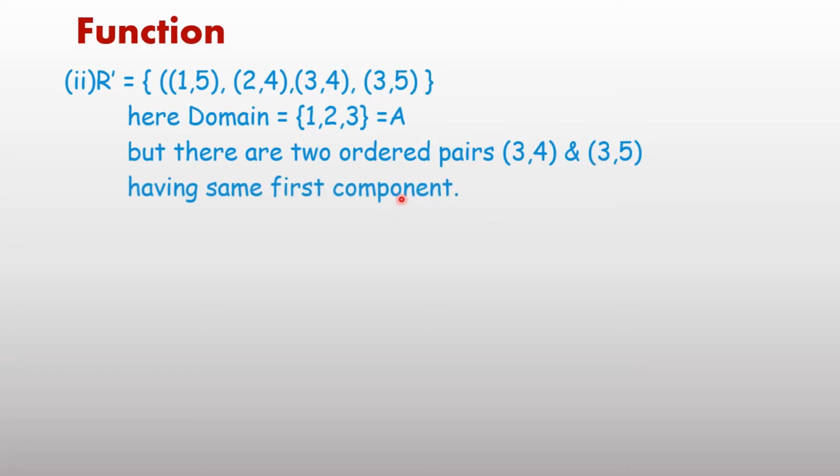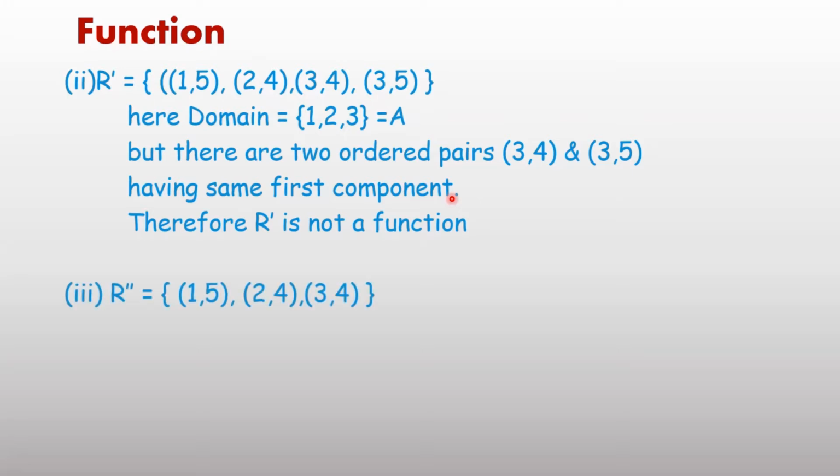Again in this example, first condition satisfied, it is a relation. Second satisfied, domain equal to set A. But third condition, there are two ordered pairs having the same first component, therefore it is not a function.